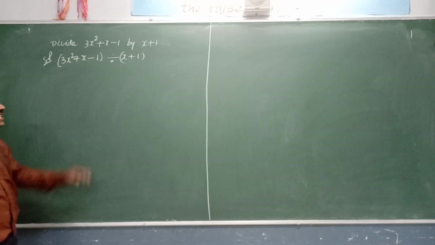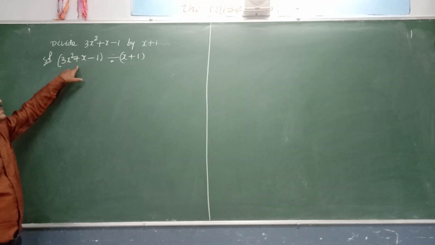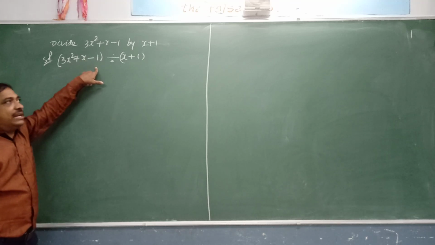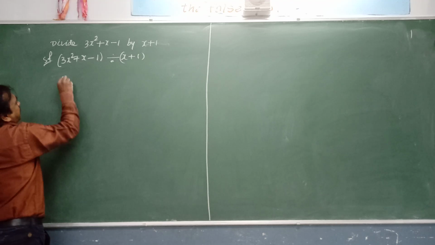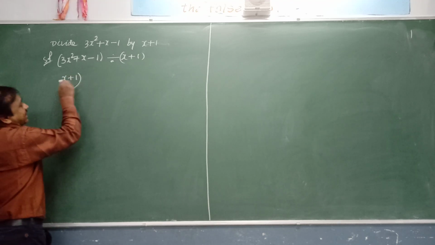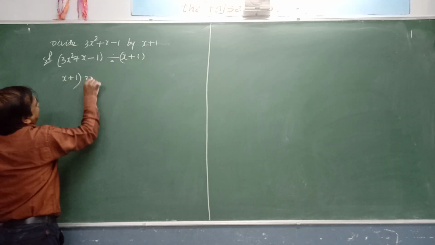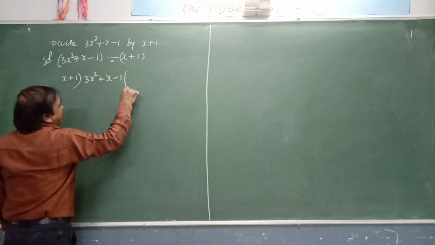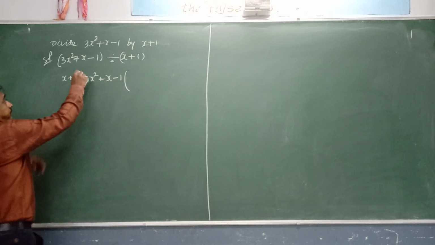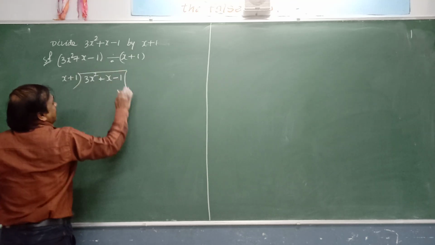Which is the dividend here? The dividend is 3x square plus x minus 1, and the divisor is x plus 1. So we take x plus 1 out as the divisor, and 3x square plus x minus 1 is the dividend.